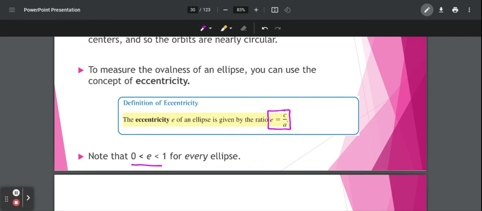And so what you find is that the closer the eccentricity is to 0, the more circular it will be. And if it's closer to 1, it will be really stretched out. It won't look like a circle at all. It'll be really flattened. So if you just did your c over a, even without graphing it, you could get an idea of how the ellipse might look just based on what that eccentricity equals.